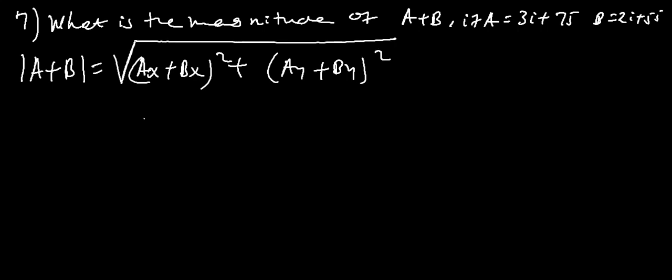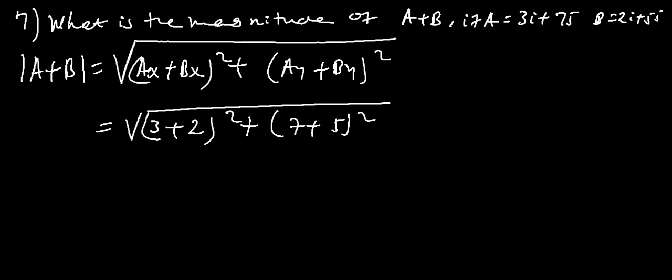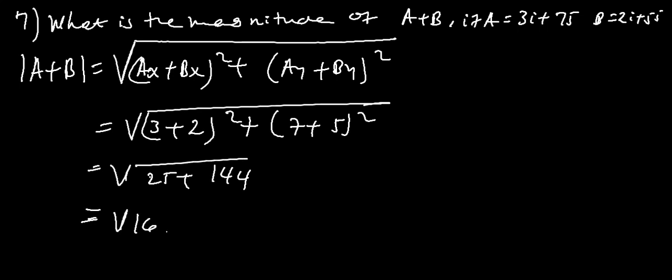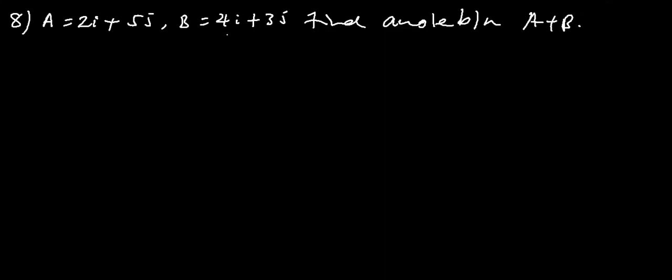So 3 plus 2 the whole square plus 7 plus 5 the whole square. This is 5 square, 25, plus 12 square, 144, which is equal to 169, and then the magnitude is 13.